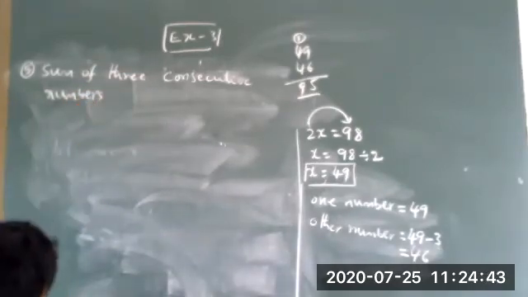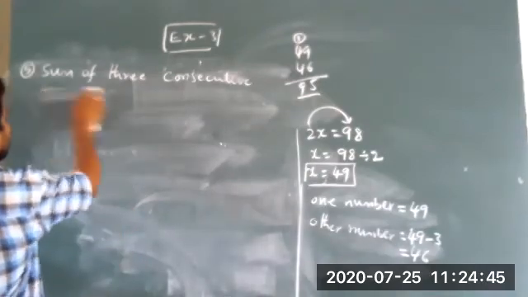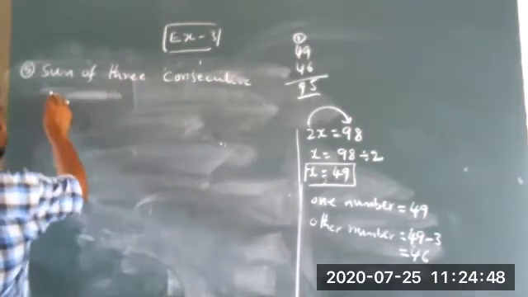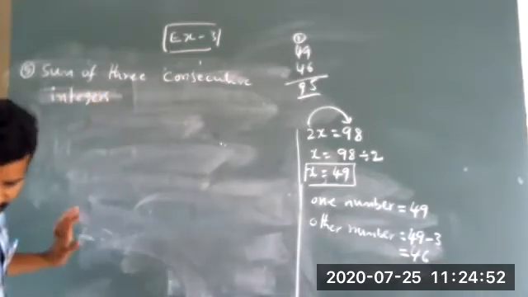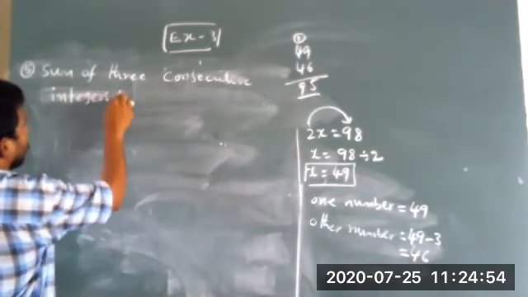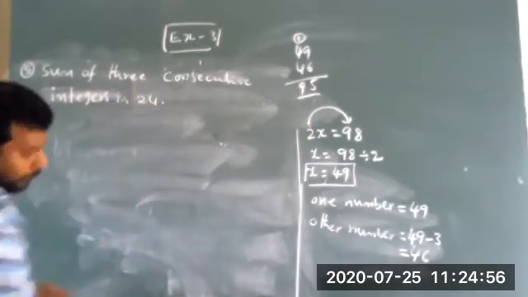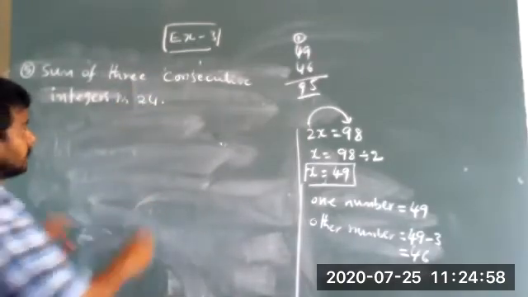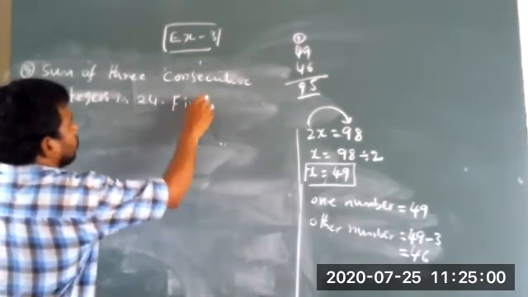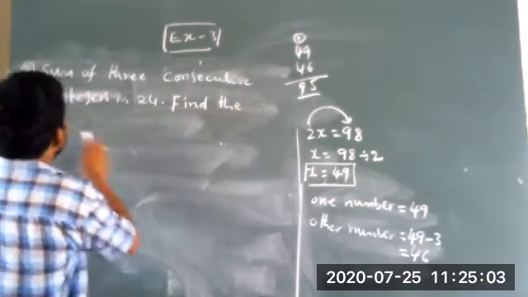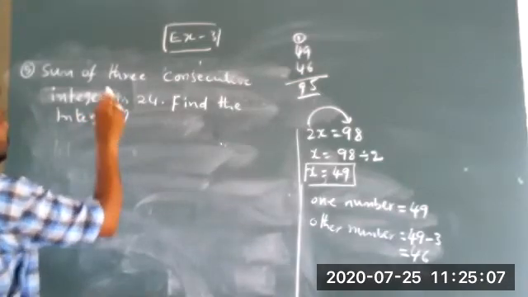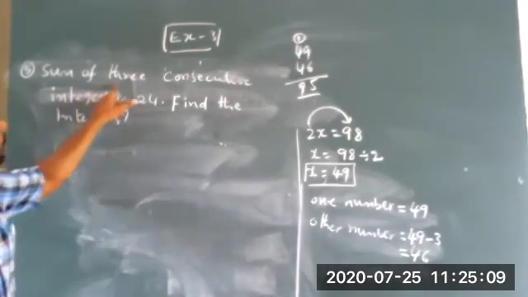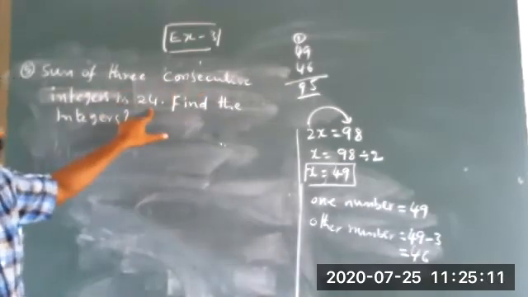See children, the sum of three consecutive integers is 24.